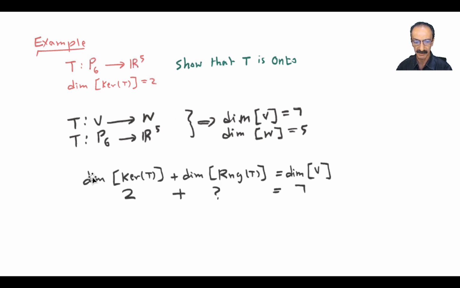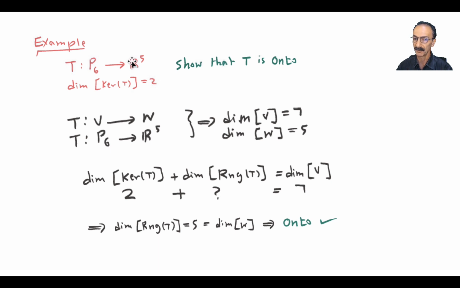The dimension of the kernel plus the dimension of the range should add up to the dimension of V. V is 7. Kernel is 2, given. 2 plus what equals 7? That should be 5. W has a size of 5, as you could see up here, so the dimension of the range is 5, which is the same thing as the dimension of W. That means onto.